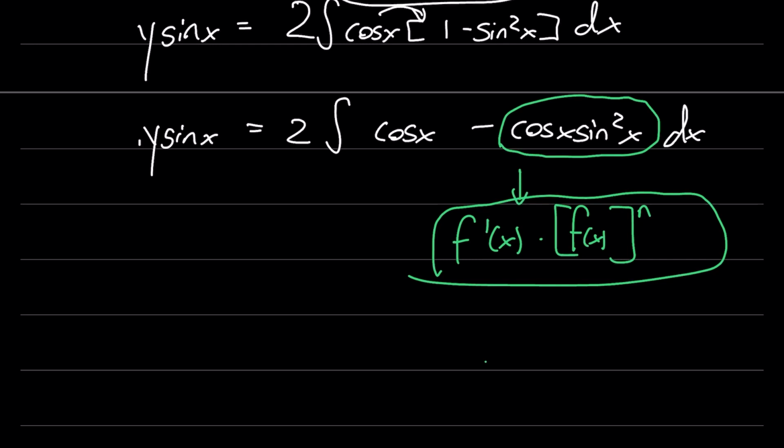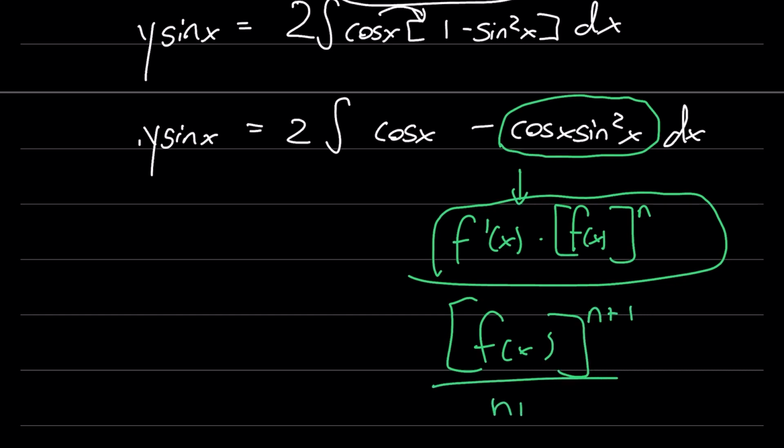The integral will just be, I believe, f of x to the n plus 1 over n plus 1. So in this case, f of x is sine x, and we know that the differential of sine x is just cos x.